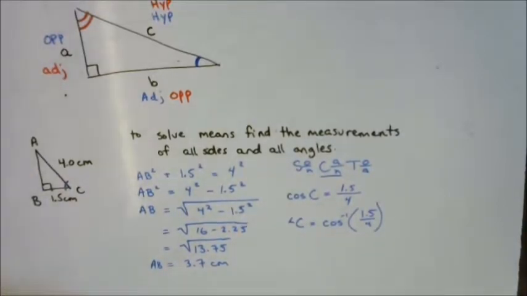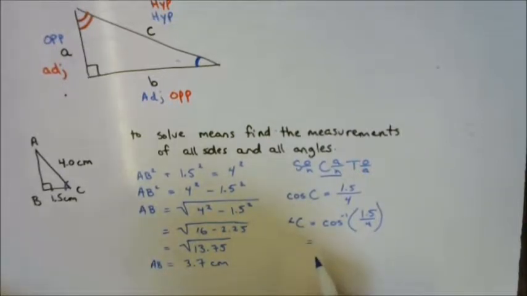Again in your calculator there's two ways to do this. You can probably just punch this in: second function cosine, bracket, 1.5 divided by 4, close bracket, enter. If your calculator cannot do that, then you can do 1.5 divided by 4, enter, and then go second function cosine, second function answer, and you'll get the same thing.